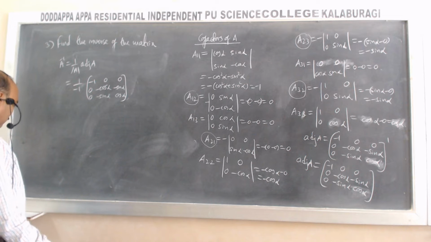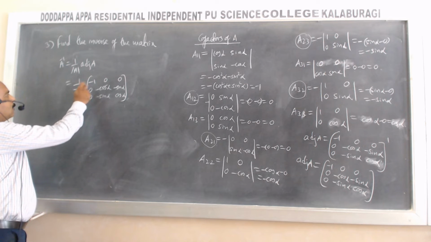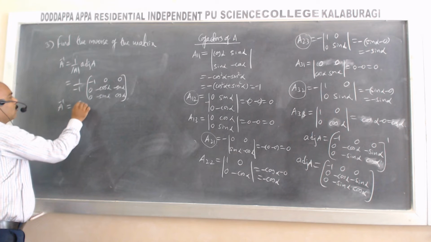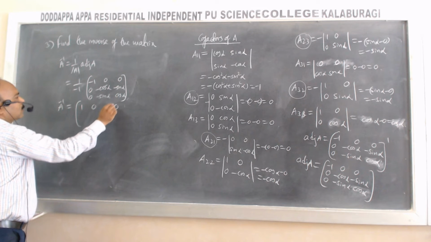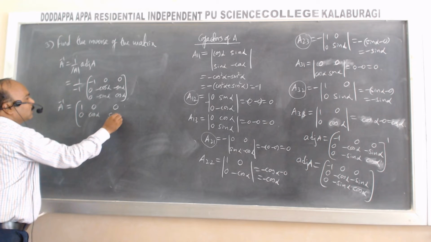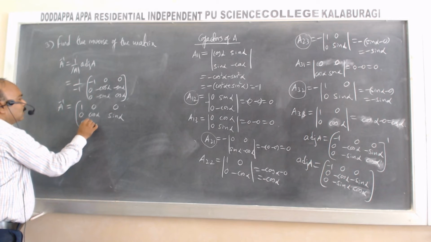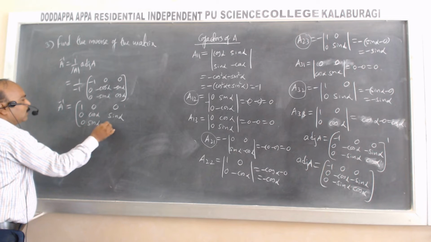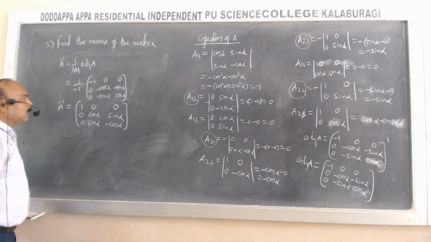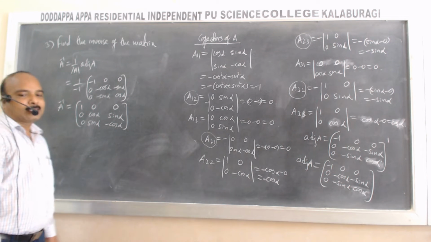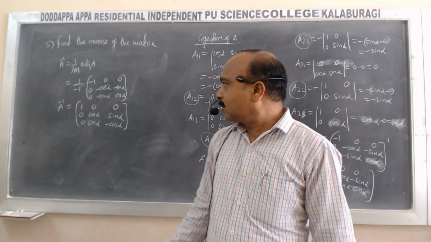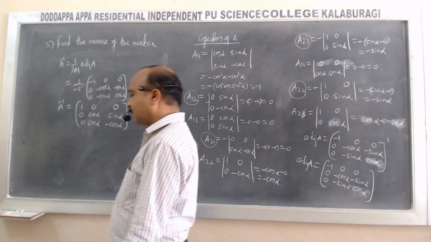Now if we take scalar multiplication by minus 1, we get A inverse equal to 1 0 0, second row 0 cos alpha sin alpha, third row 0 sin alpha minus cos alpha. Means we get the same matrix as A, that is the inverse of the square matrix. Take the solution.